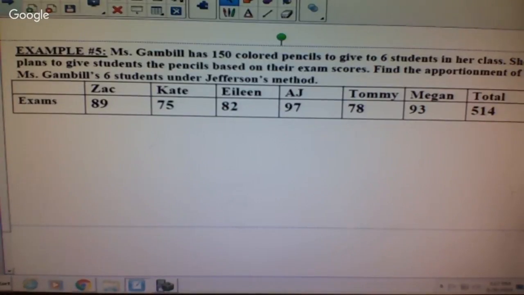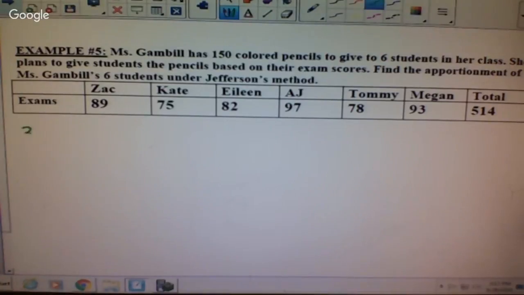Okay, so let's talk about this for a minute. I saw some people that had this answer as their standard quota. Some people had this answer. I had 3.42.